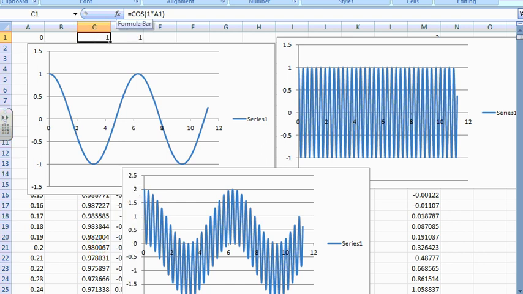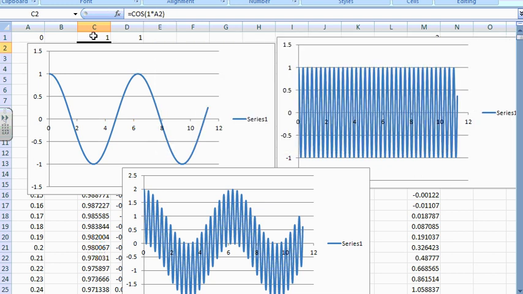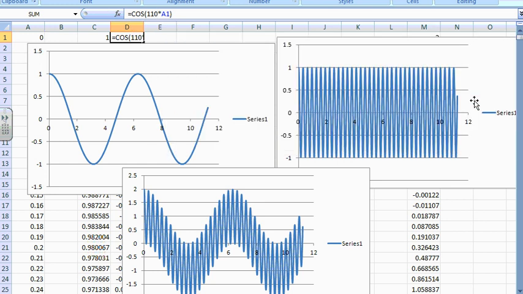So let me show how that happens mathematically. Let's say that here we have an omega value of 100, and let's say here we have an omega value of 110.